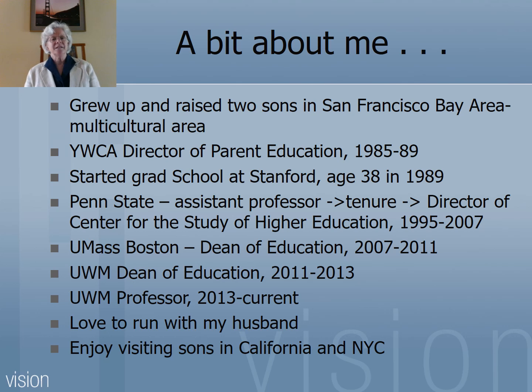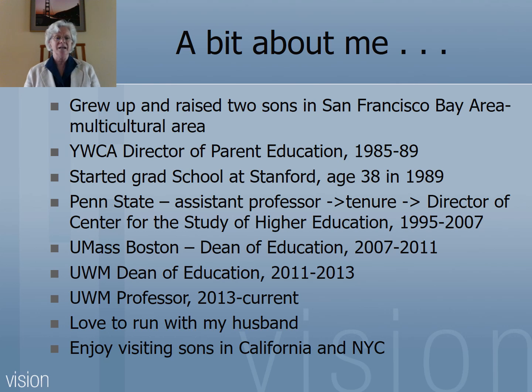I loved Central Pennsylvania. It was beautiful but protected, and I longed for a more multicultural area, so I accepted the opportunity to go to UMass Boston, the only public university in the Boston area, as Dean of Education in 2007. The student population at UMass Boston is more than 40% underrepresented students.